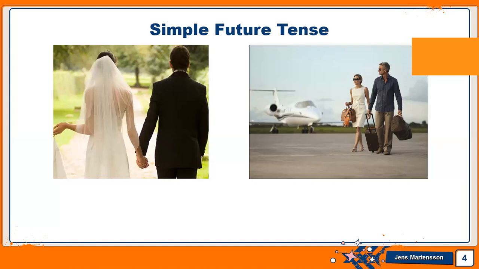Muhammad, are you there? Muhammad is not there. Miranda, where is Miranda? Miranda, can you hear me? Can you give me an example, Miranda, of simple future tense? Yes, sir. Okay, please give me an example of simple future tense.